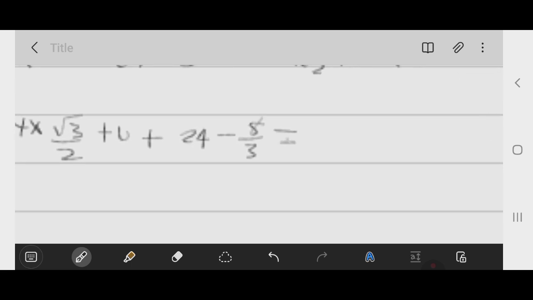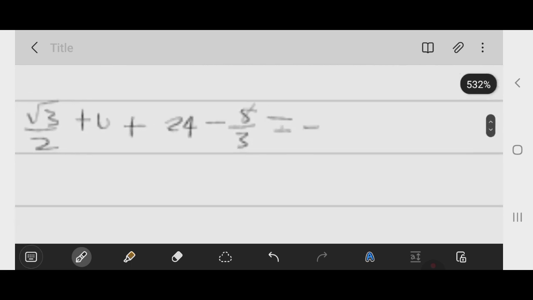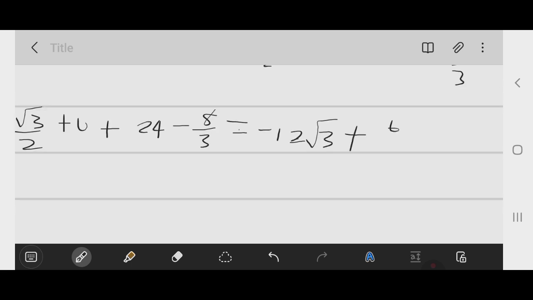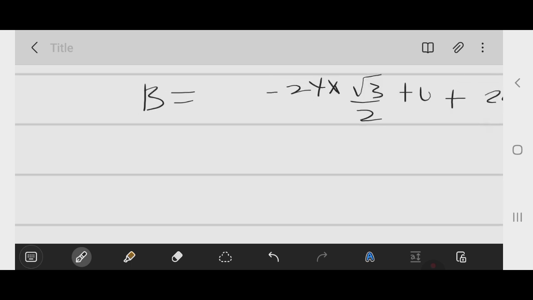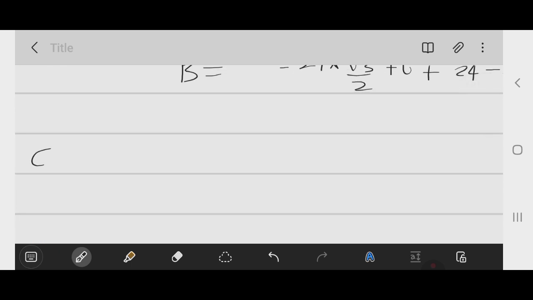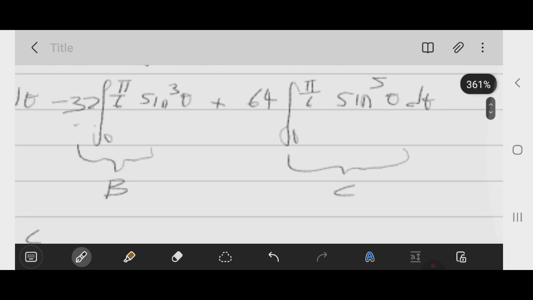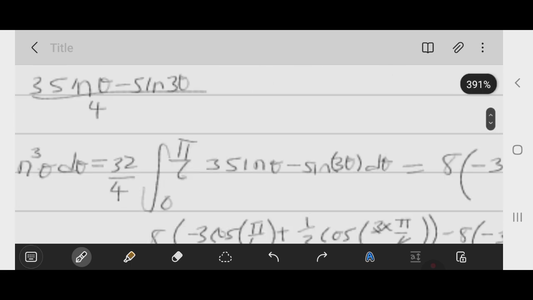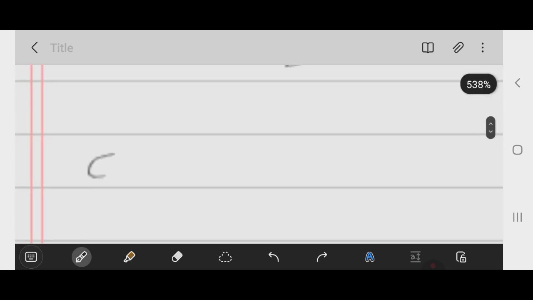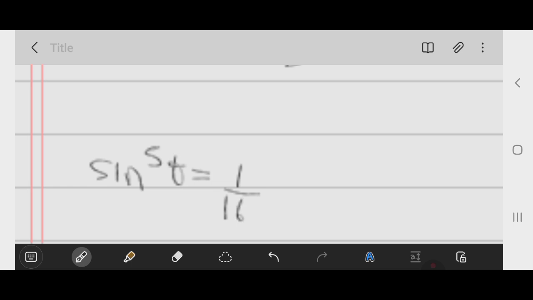And this is what the integral B gives us. Now let's pay attention to the last integral, C. In this case, we have a sine theta to the 5th power. And of course, we're also going to use the power reduction technique for this one.